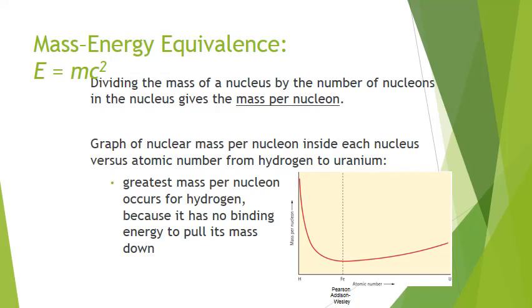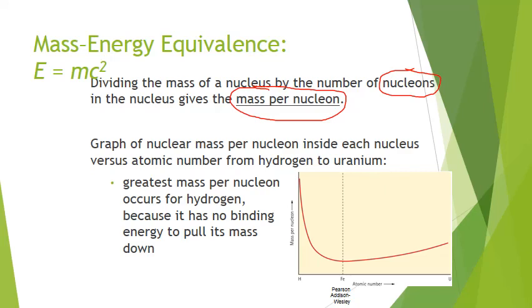What's really interesting is if you take the overall nuclear mass, the mass of the nucleus, and divide by the number of nucleons. Remember, nucleons are neutrons and protons. So if you add up the number of neutrons and protons and divide that into the nuclear mass, you wind up with a quantity called mass per nucleon. And it turns out that the mass per nucleon will vary depending upon the element you're dealing with.